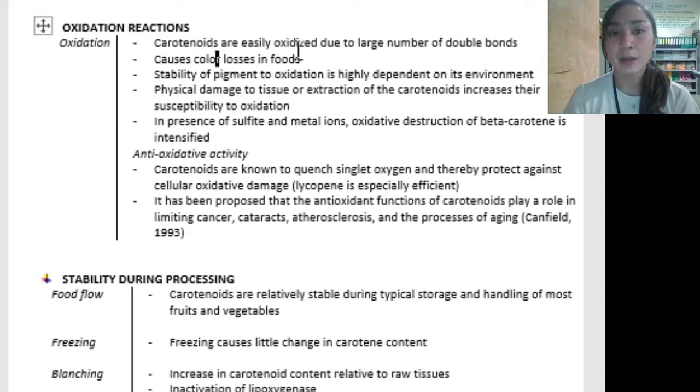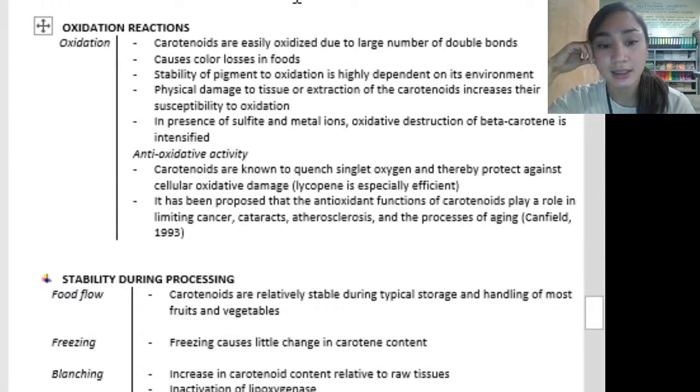So, nangyayari pag may double bonds, mas sensitive siya sa reaction from the outside because of the electron that is present in the element, no, in the atom. So, yung oxidation natin, it can cause color losses in foods.